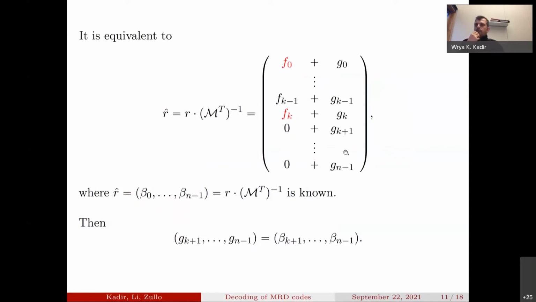So due to this form, we can say g k plus 1 until g n minus 1 are already known. So the task is basically finding the rest of this vector, which is g0 to g sub k.